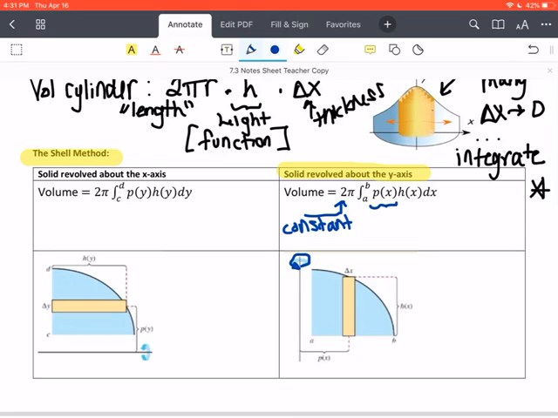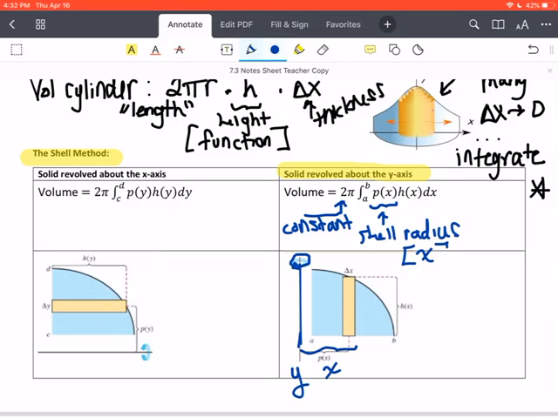They use the letter p to represent the radius of the cylinder, so this p of x we are going to call the shell radius. Usually if we're rotating about the y-axis, not a line that's off of the y-axis, it's just going to be x, because it's the distance from the axis. So if this is the y-axis right here, what would this distance be? It would just be x.